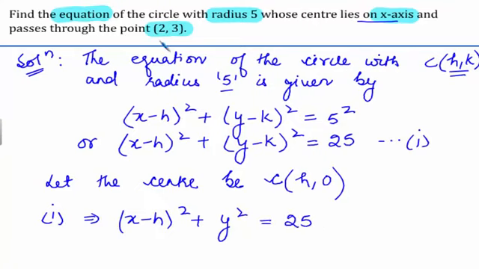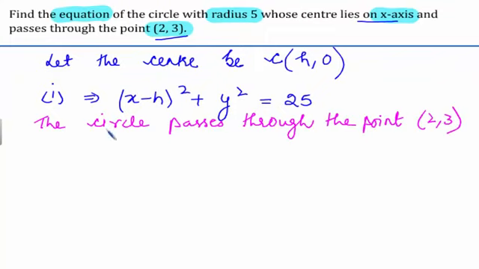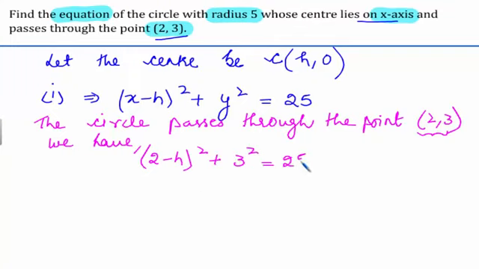Now also we are given that the circle passes through the point having coordinates 2, 3. Therefore, this point will satisfy the equation, that is, replacing x by 2 and y by 3, we have 2 minus h whole square plus 3 square is equal to 25.